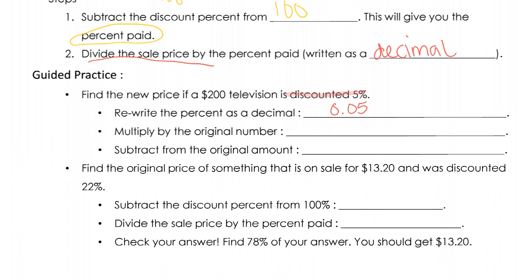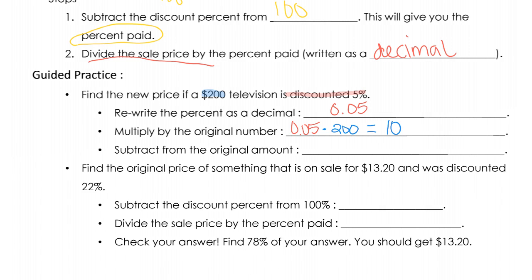Okay, so we're going to multiply this 0.05 by the original price, which was that $200. So 0.05 times 200, that gives us, okay, so do that in your calculator. Do 0.05 times 200 in your calculator. 10.